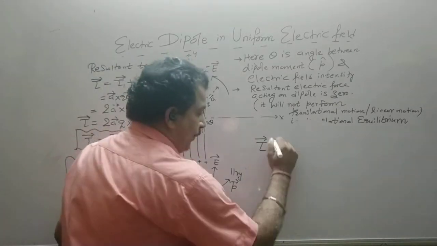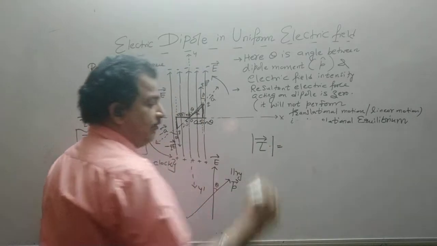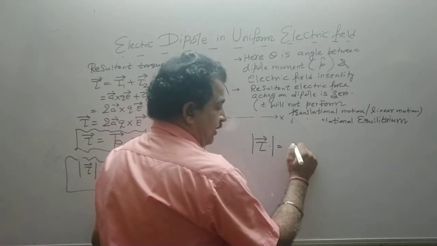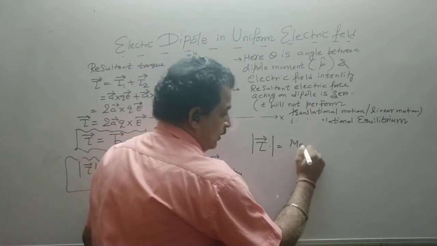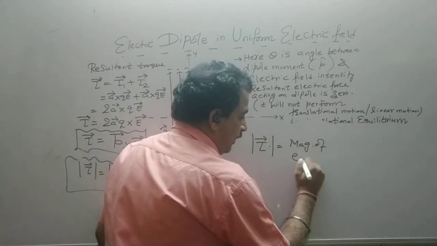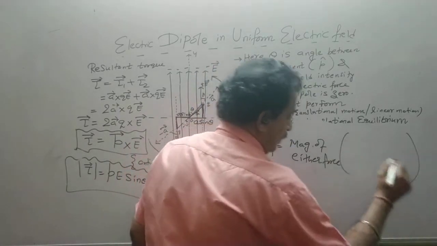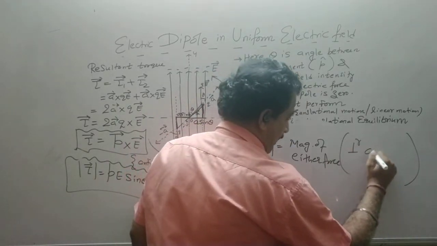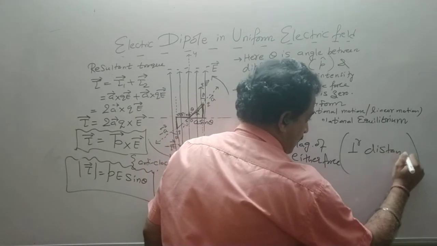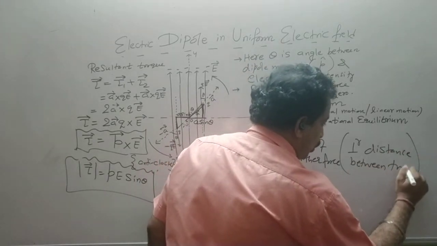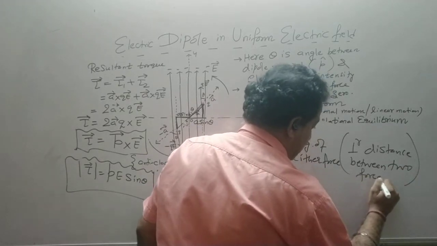So the magnitude of torque is defined as the product of the magnitude of either force and the perpendicular distance between the two forces.